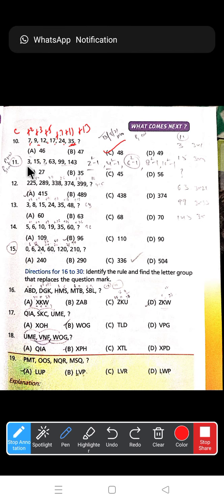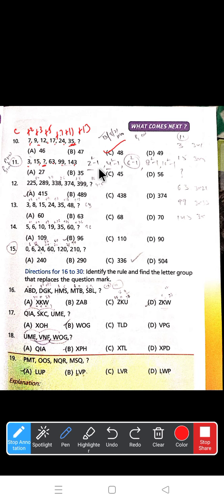Now coming to this 11th one, 3, 15, dash, 63, 99, 143. If you observe here, children, each number can be written as 2 square minus 1, 4 square minus 1. In this place a question mark is there, then 8 square minus 1, now 11 square minus 1. So the missing one will be 6 square minus 1. If you want, you can observe 2 square minus 1, that means 4 minus 1, 3. 4 square, 16 minus 1, 15.